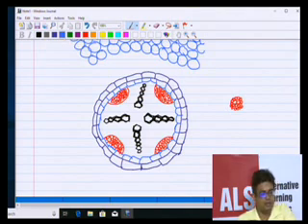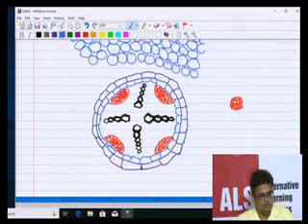Now whatever part is remaining here, we have to fill it first. So this is the cortex. Let us complete the cortex. This is the cortex. So cortex is almost done now.